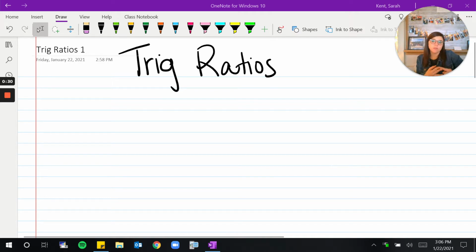But this is going to be for triangles where you get one side and an angle that is not 30, 60, or 45. So today, all we're going to do is learn how to write this, how to set it up. Next time, then we'll start putting things in the calculator.